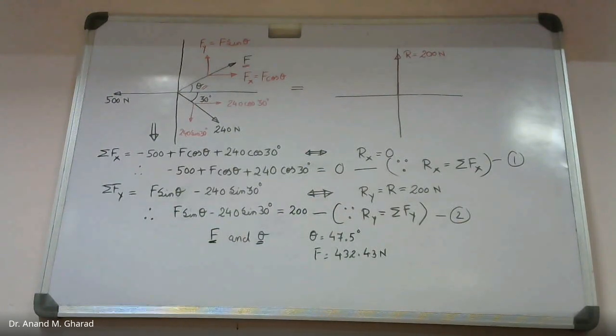Determine the values of capital F and theta so that the resultant of the force system in the figure is 300 Newton downwards along y-axis.